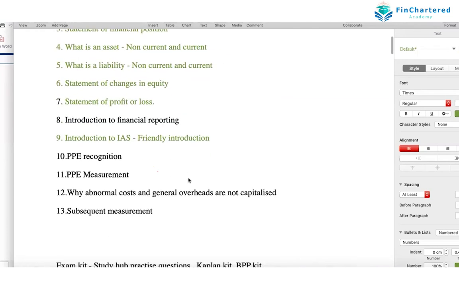Now, we're going to look at Introduction to Financial Reporting. And I know that this is going to be a little disappointing to a lot of you because the ones who attended the demo have already covered these things. But just take it as the first class. For those who are attending this for the first time, I have to mention these things.